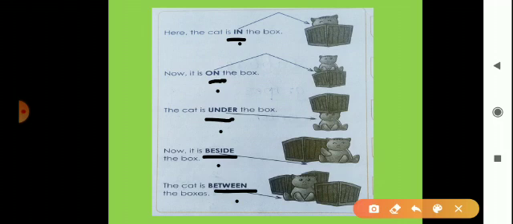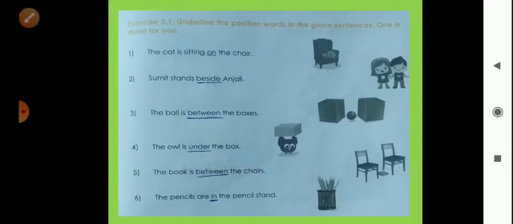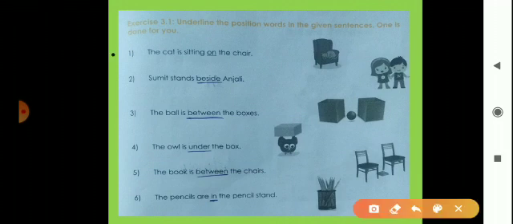Now we will see exercise number 3.1. Underline the position words in the given sentences. One is done for you. Now we will see which are position words and then we underline them. Look here. The cat is sitting on the chair. Look at this picture. Where? On the chair. So on is the position word.